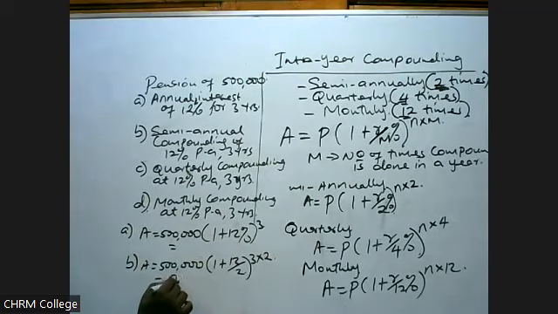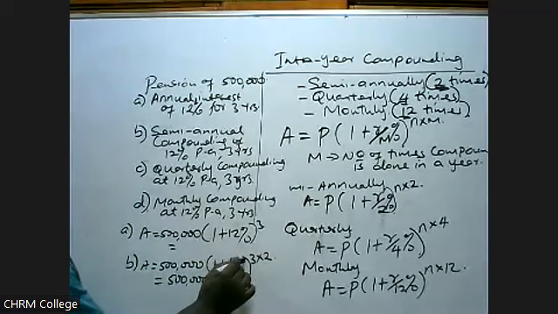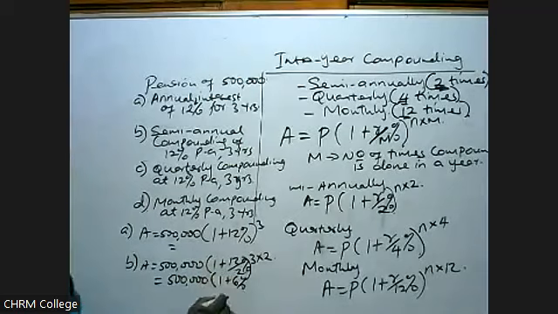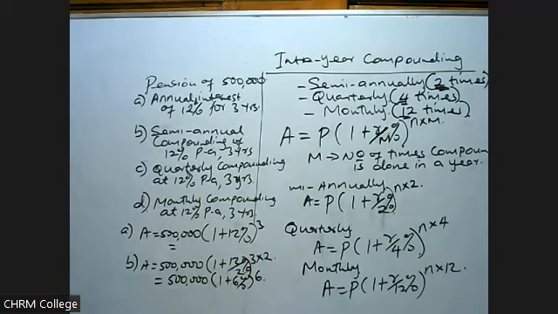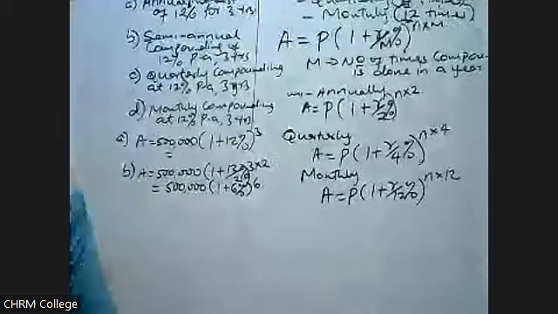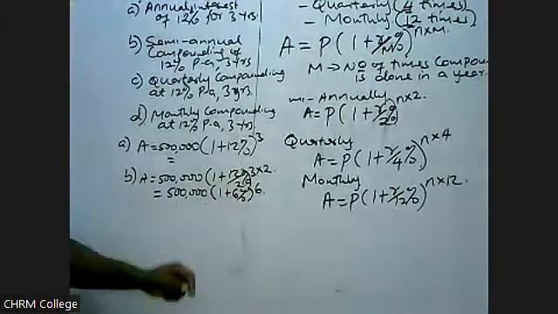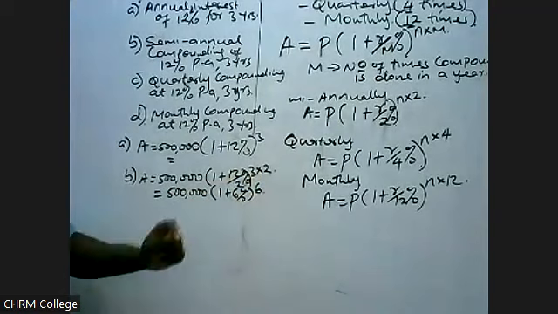So this is the same as 500,000 into 1 plus 6%, 12 divided by 2, power 6. You work out that. The time is 3 times 2, which is 6.